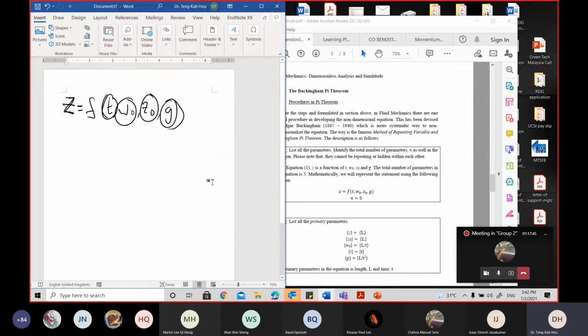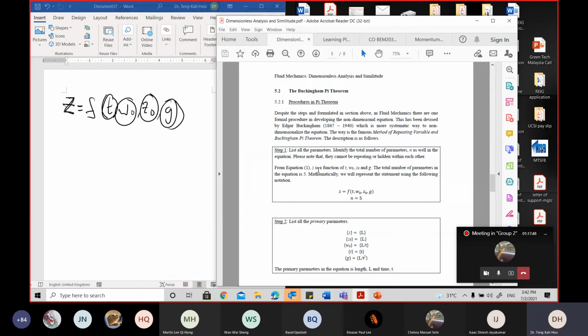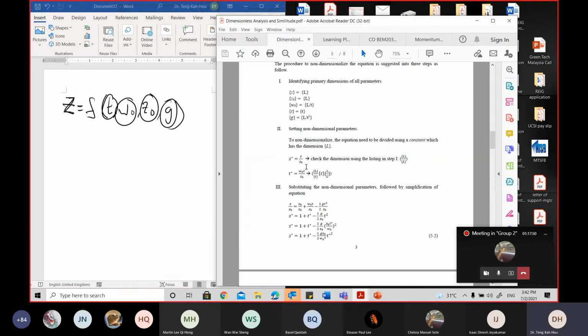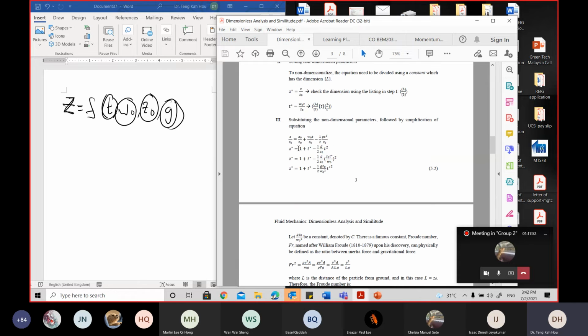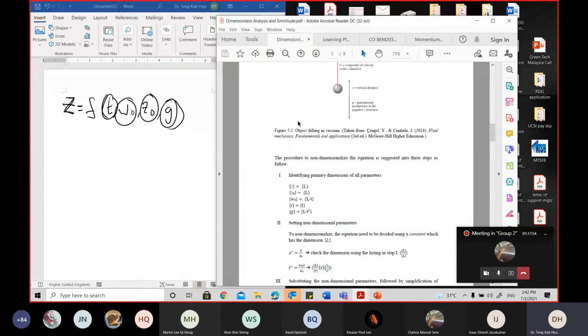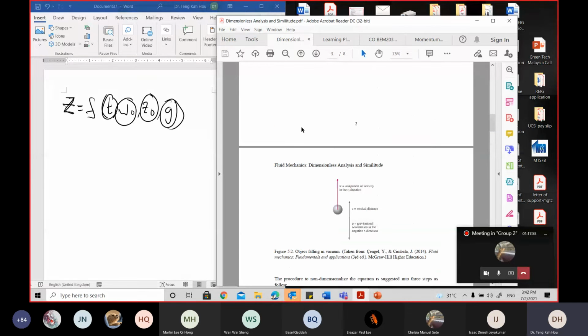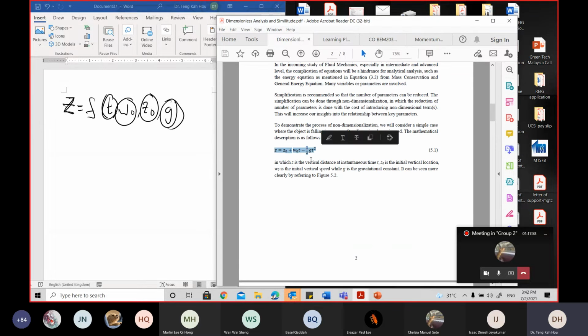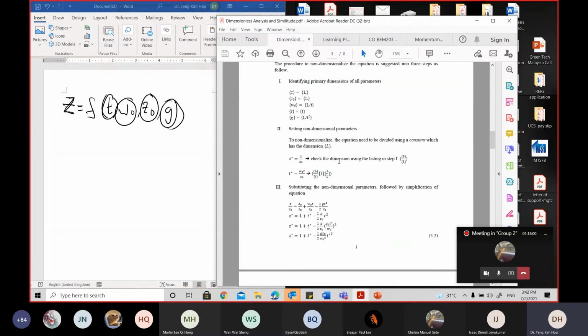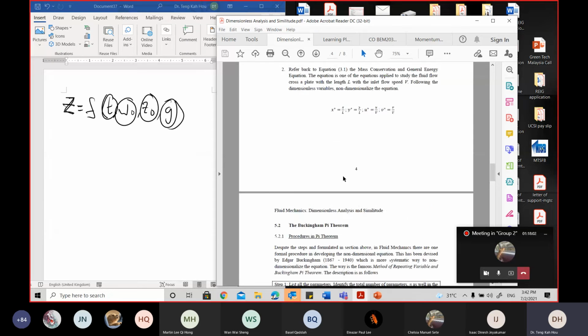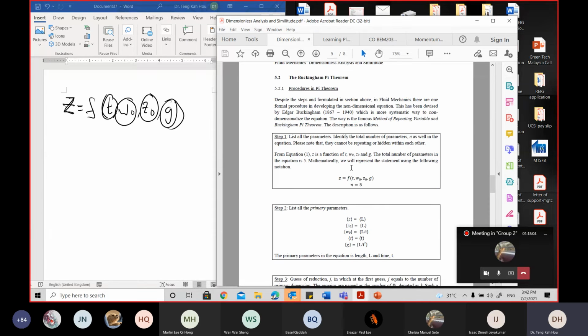So this is different. In fact, since we already showed this formula, z equal to z0 plus w0 t and so on, this is the equation repeated in two different ways to show you how we can use dimensional analysis for the analytical methods.